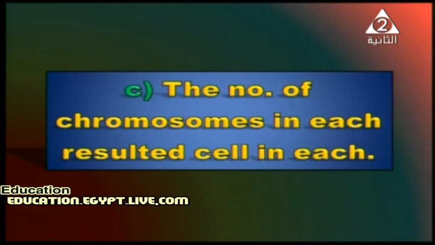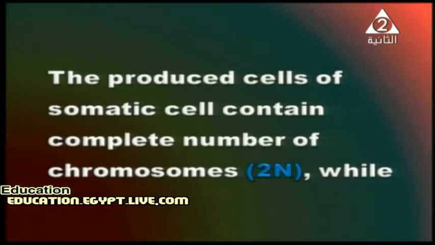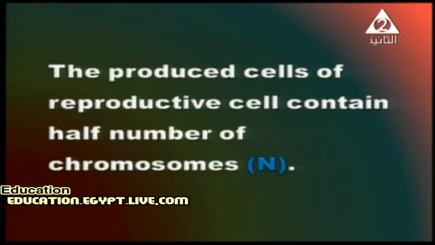The number of chromosomes in each resulting cell: the cells produced from the somatic cell by mitotic division contain the complete number of chromosomes, 2n, while the cells produced from the reproductive cell by meiotic division contain half the number of chromosomes, n, and are called gametes.